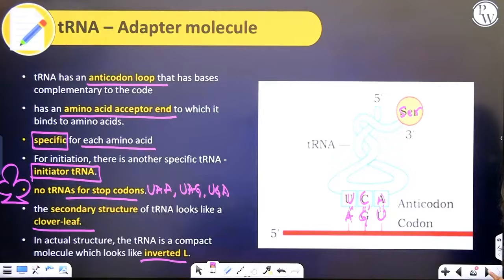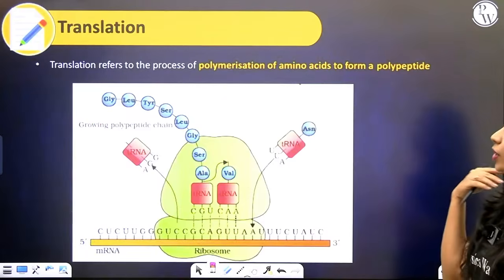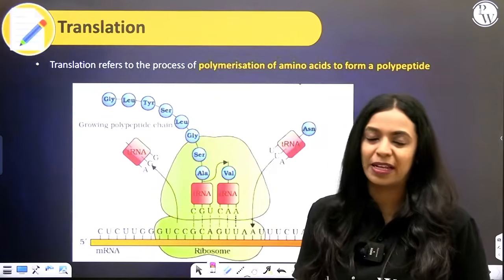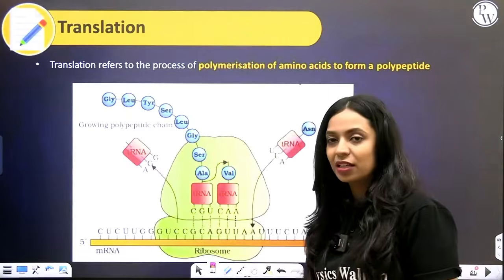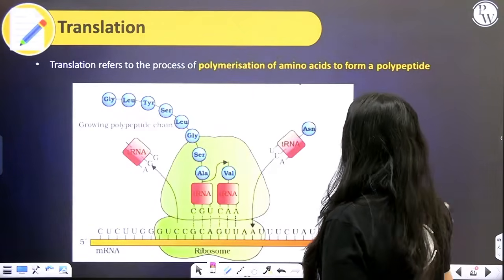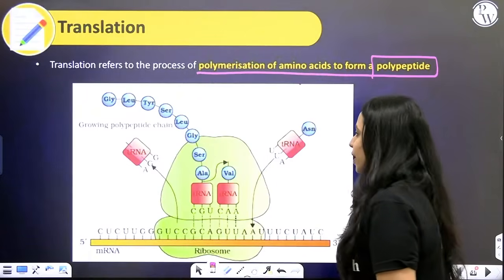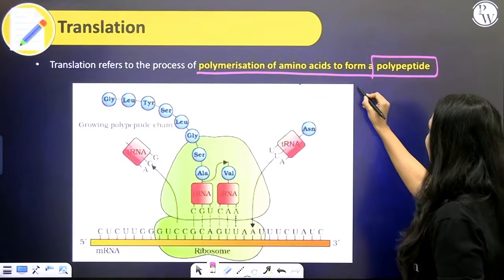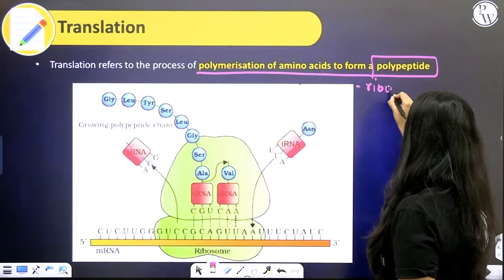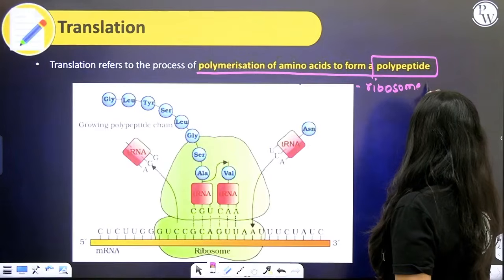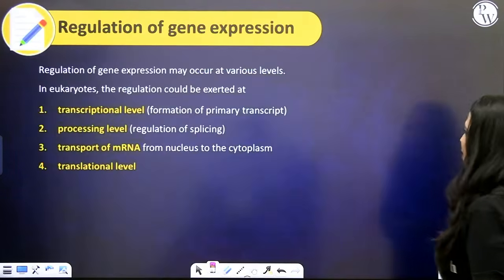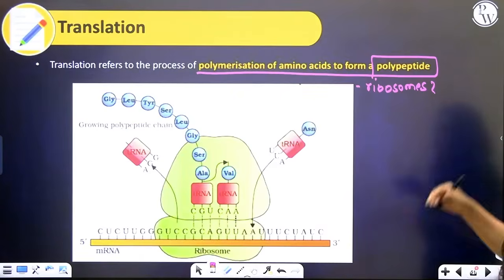All right. Now, let's talk about how exactly translation takes place. Translation is basically the process by which amino acids are joining together, polymerizing and forming a polypeptide. Where does this happen? It happens inside the ribosomes. How does this happen? Let's learn that.